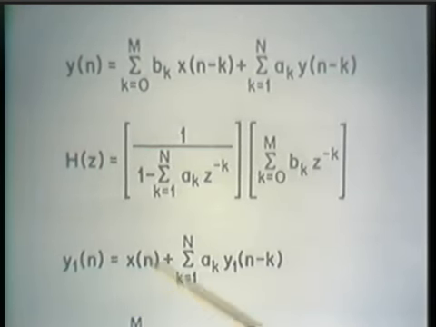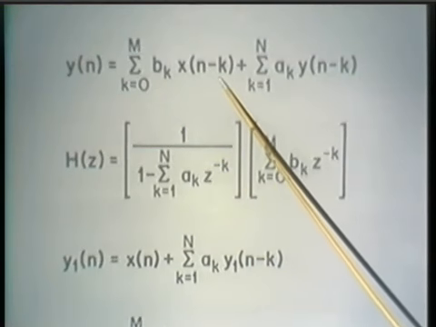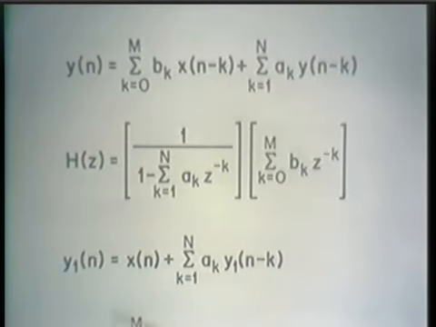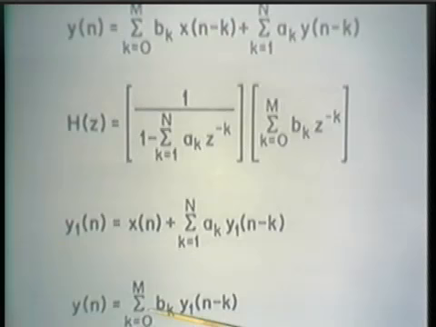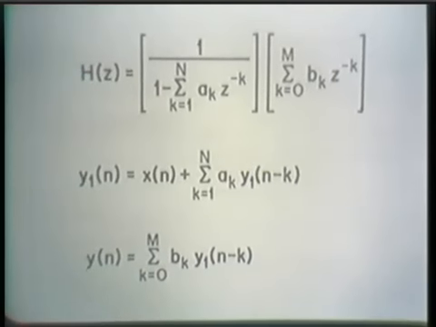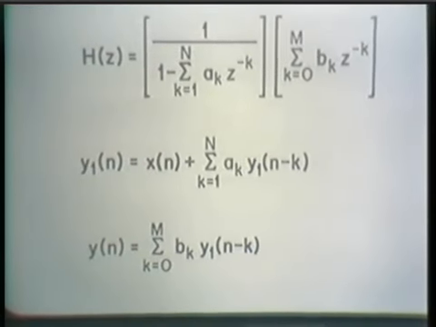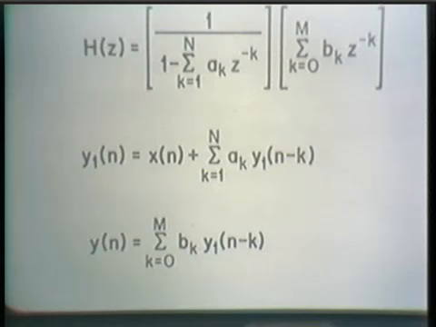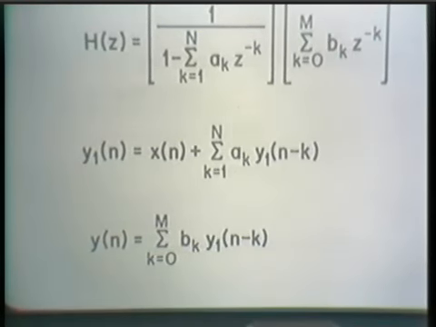And then, since the input is in fact a linear combination of weighted delayed inputs, the corresponding output is the same linear combination of weighted delayed outputs. That essentially is derived from using properties of linear shift invariant systems that we talked about in some of the early lectures.